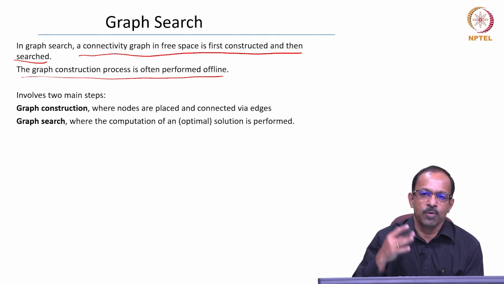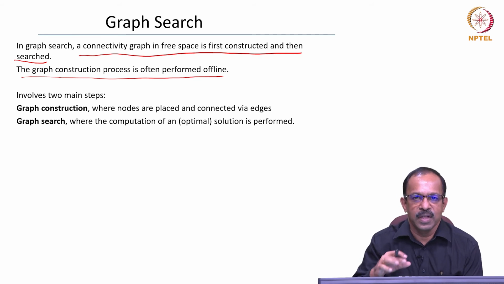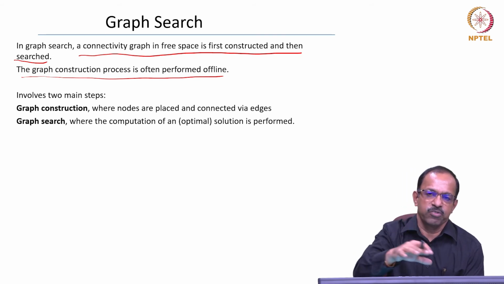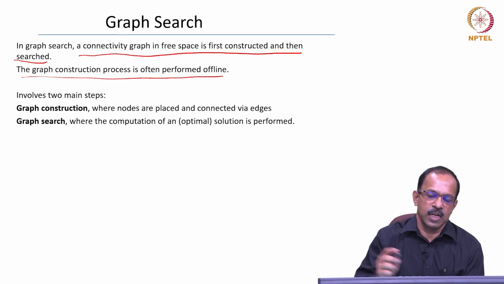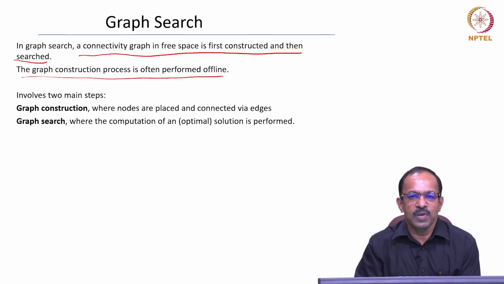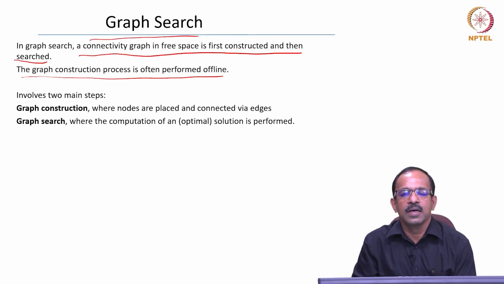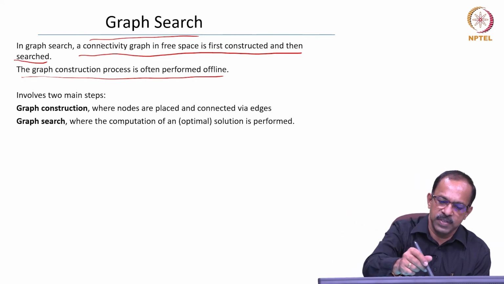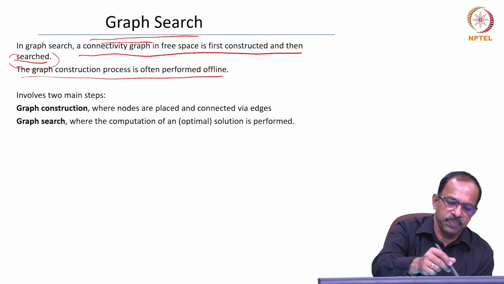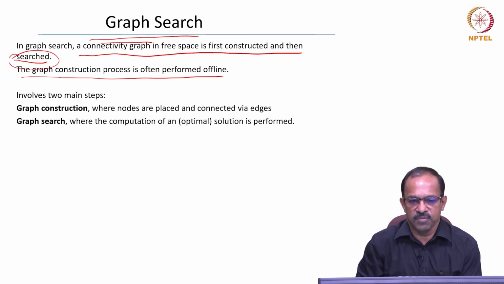That means you have all the information about the environment, the size and the location of the obstacles all given, and you know the initial position and the target position. Then we try to find out all the connectivity between the starting point and the goal point, and once you have this connectivity graph, you search within the graph. So, that is the procedure using graph search.